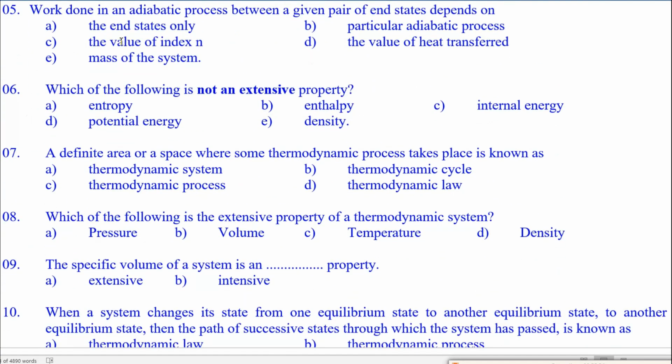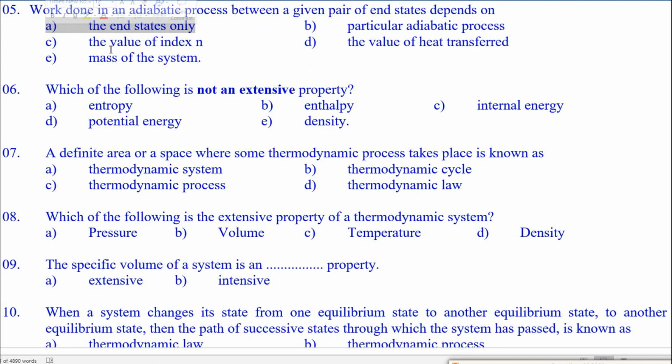Question 5, work done in an adiabatic process between a given pair of end states depends on the end states only, particular adiabatic process, the value of index n, the value of heat transferred, mass of the system. It will be the end states only.